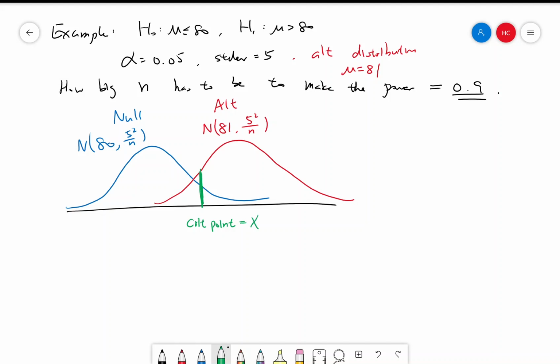So we have two clues. x is the critical point for alpha equal to 0.05. So that means the z value, which is (x minus 80) over (5 over root n), is equal to the z-score for 0.05, which is 1.645. This is z sub 0.05, by the way.